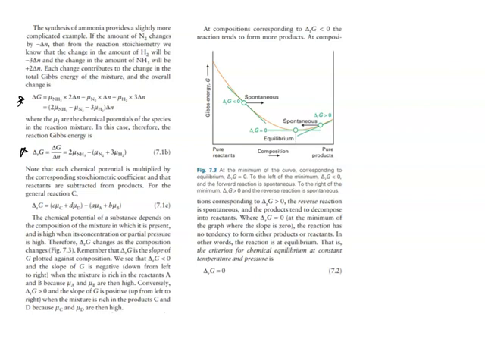We're just accounting for the Gibbs energy contribution of all three chemical constituents of this equilibrium process. Note that each chemical potential is multiplied by the corresponding stoichiometric coefficient, and that reactants are subtracted from products, like we would always see in every delta process.